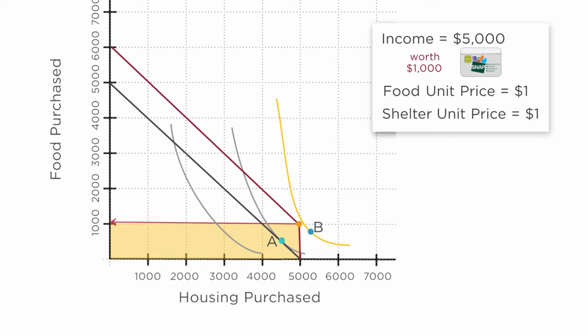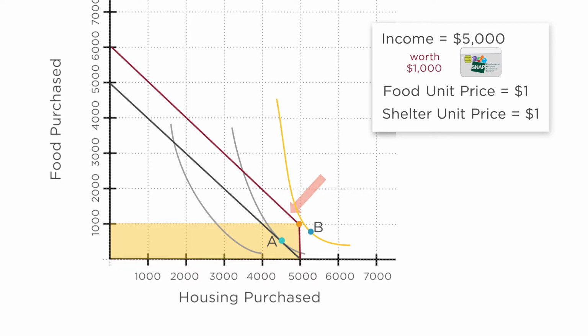Otherwise, you'd be throwing money away. The government is giving you $1,000 of food for free, and since more is always better, you should spend it. Once you spend beyond $1,000, then it's coming out of your own money. So then you need to spend less on housing. Therefore, beyond $1,000, we return to the regular downward sloping budget constraint.